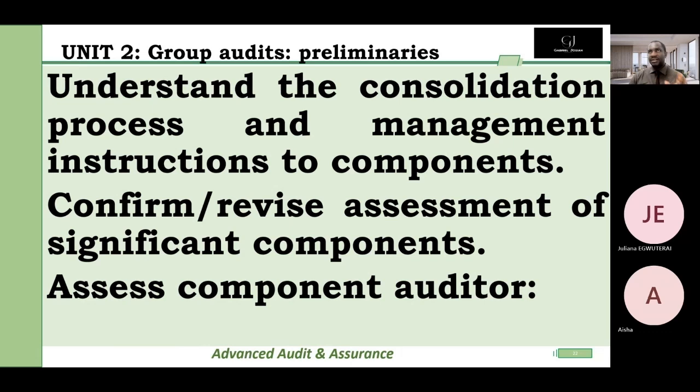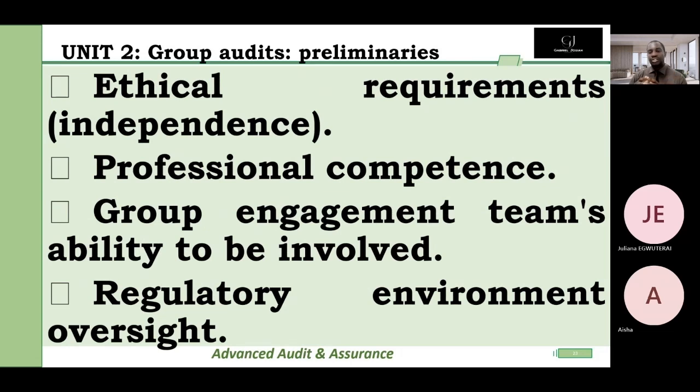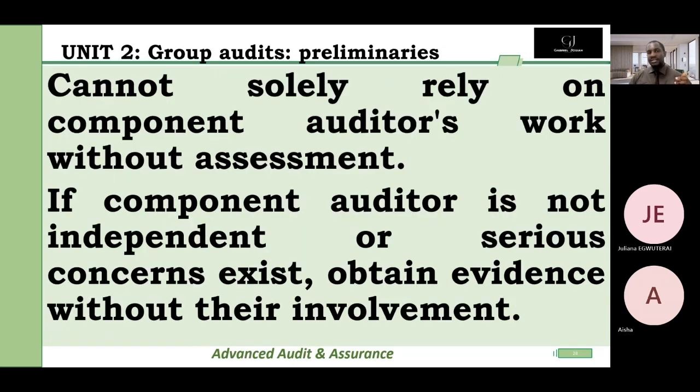These are preliminary reviews that the group auditor should perform on the component auditors. Understanding the regulatory environment and providing oversight across the group, looking at its local and global reach, must also be assessed. We cannot solely rely on the component auditors' work as group auditors without assessment.